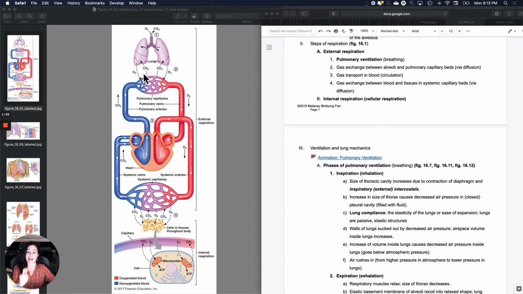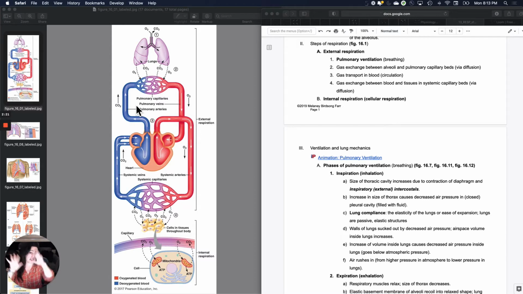Gas exchange at the pulmonary capillaries is gas exchange between the alveoli, which have the atmospheric air, and the pulmonary capillary beds, which have the blood that is returning from the heart after systemic circulation. Gas exchange is going to go on at the lungs and at the systemic capillaries via diffusion.